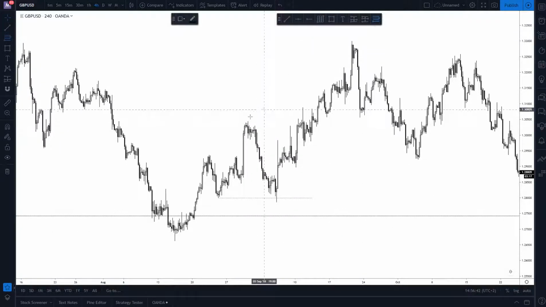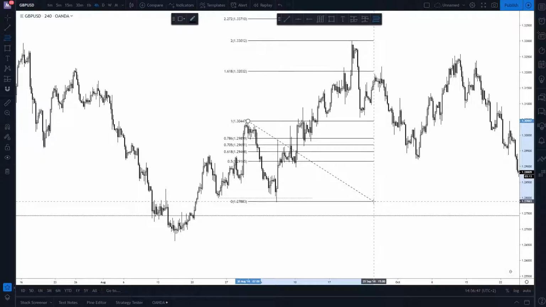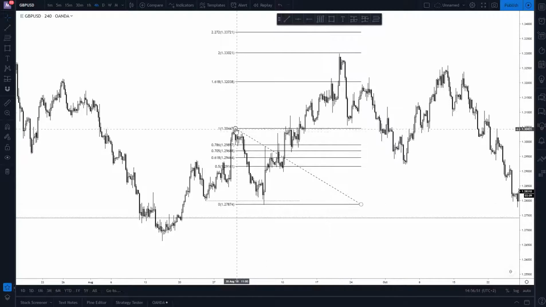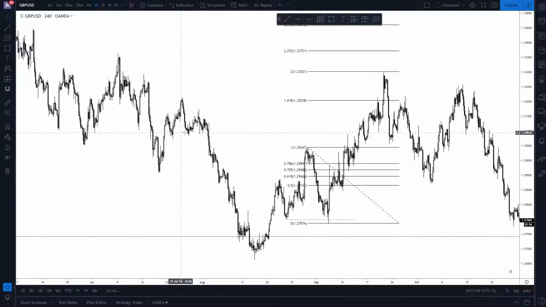And once again, what you can do is use this recent high to the recent low to determine your target. In this case, you can see how precise this is. Let's say you are getting into the trade somewhere here, and in terms of your targets, obviously you can be much more conservative.